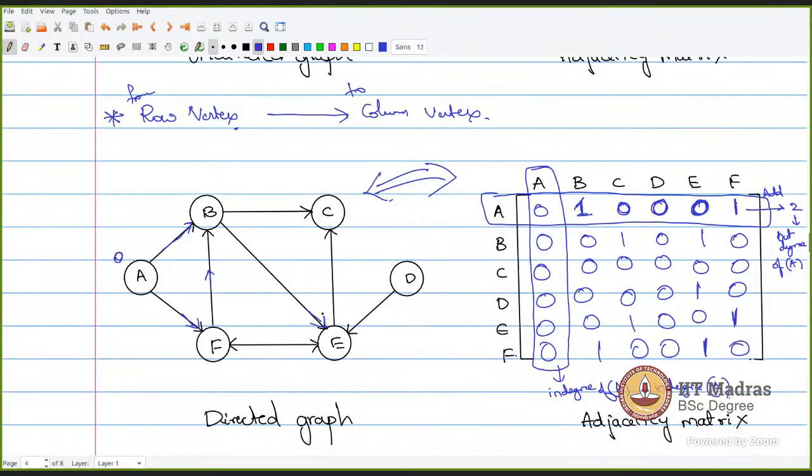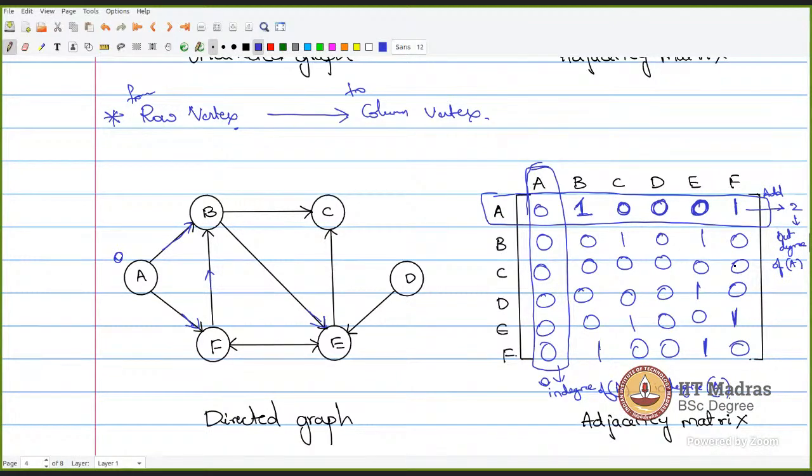But here the in degree will be 0. The in degree of A, if you add up all the column of this particular vertex A, first column, you are going to get 0. That means the in degree of this vertex A is 0 and the out degree of this vertex A is 2.